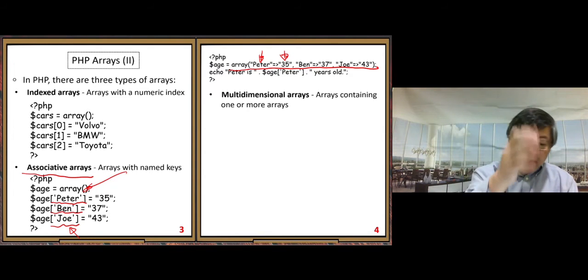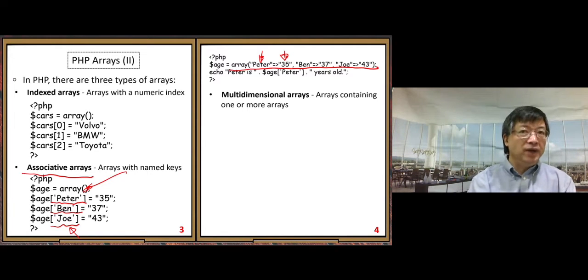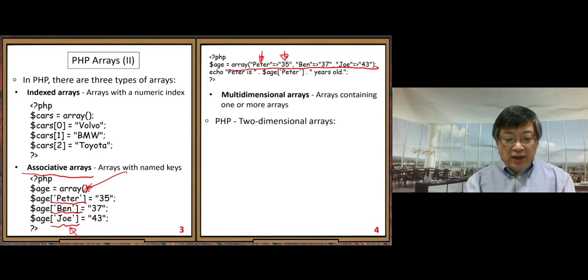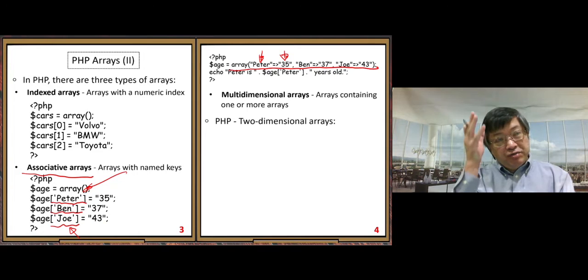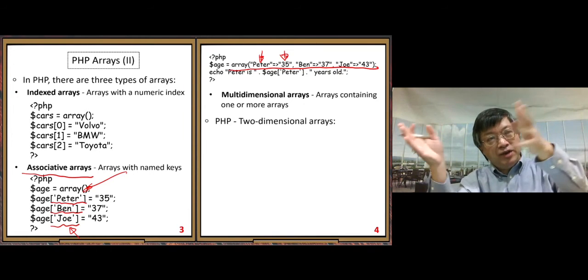Next type, multidimensional arrays: arrays containing one or more arrays. Array of arrays. So we try to understand multidimensional arrays in PHP. Let us use two-dimensional arrays first, then we can generalize the idea to multidimensional arrays.